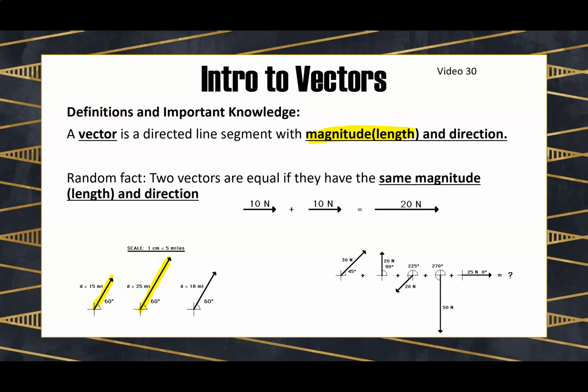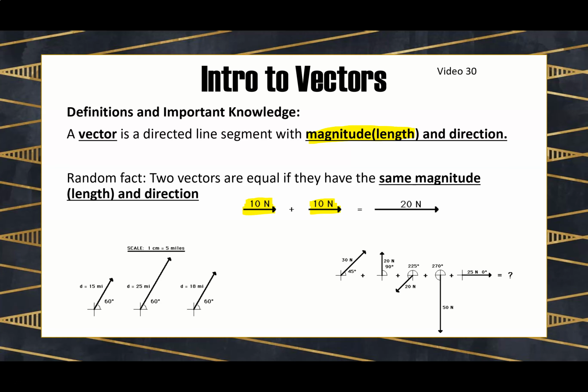All right, random fact, two vectors are equal if they have the same magnitude, length, and direction. So for example, in this particular case right here, a vector of 10 and a vector of 10 as well, these are newtons. Okay, since they're the same exact length or the same magnitude, they are considered equal.